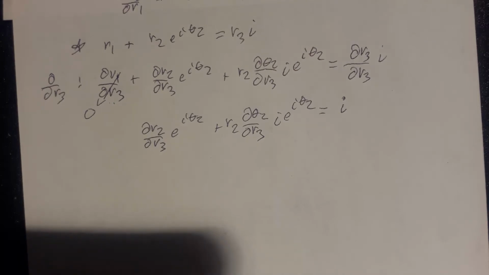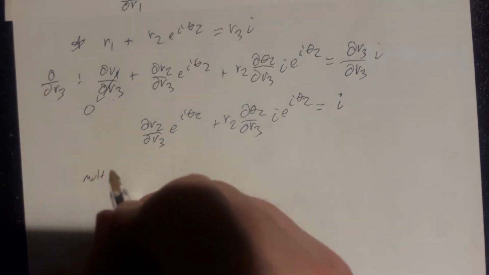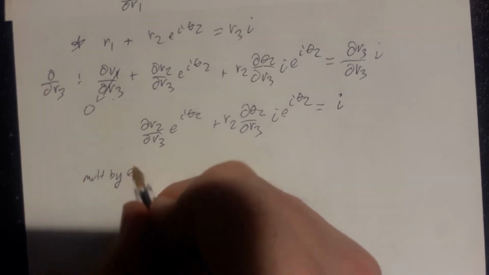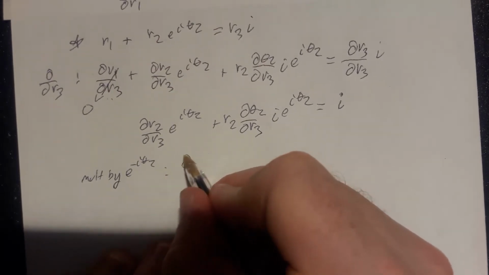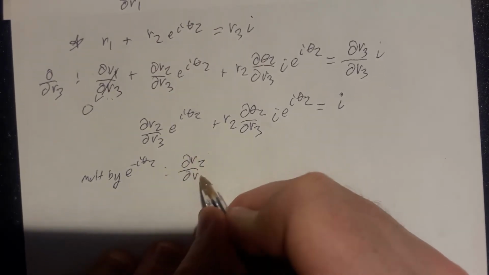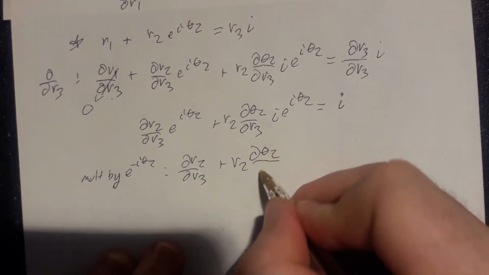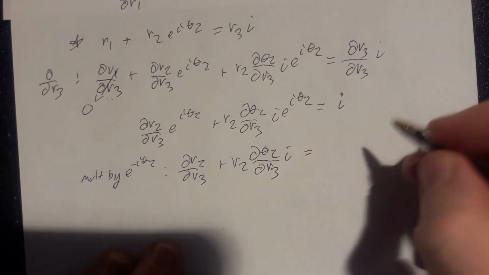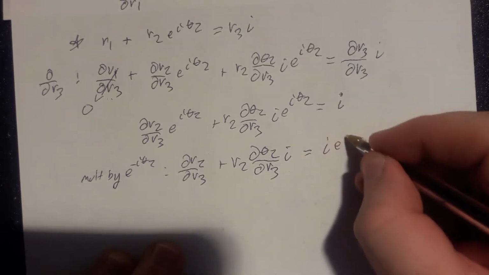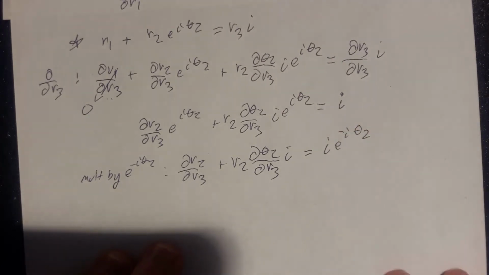Now, this is the term we want to eliminate, so we can multiply by e to the minus i theta 2, and that'll give us dr2/dr3 plus r2 dtheta2/dr3 i equals i times e to the i minus theta 2.